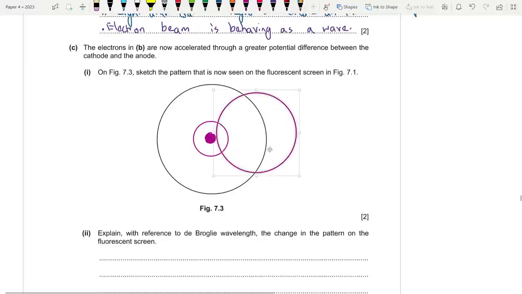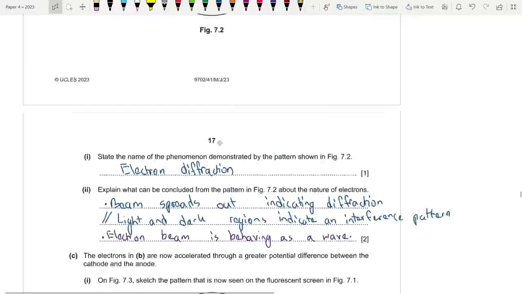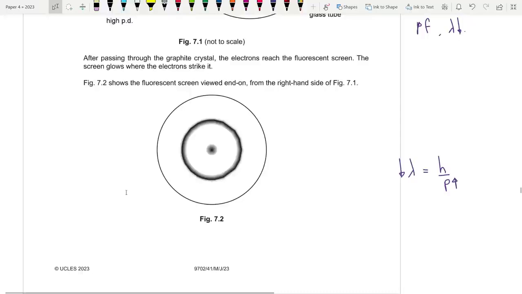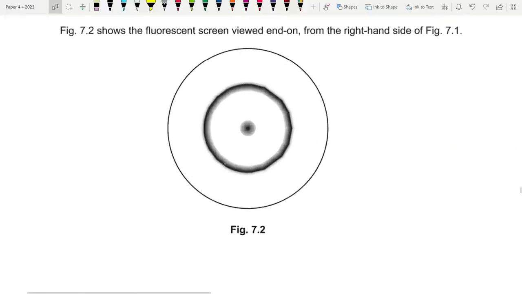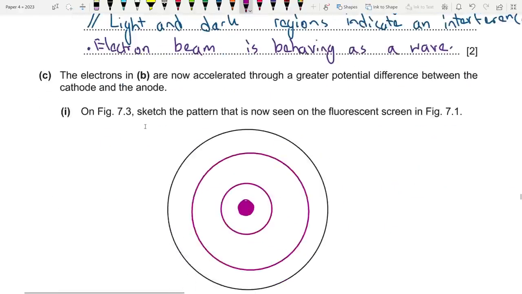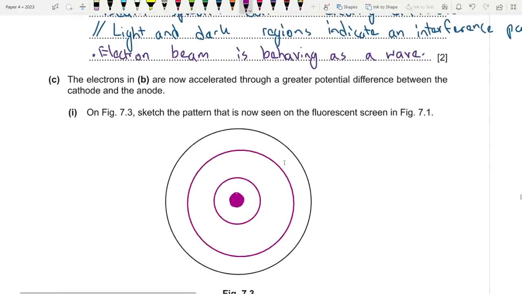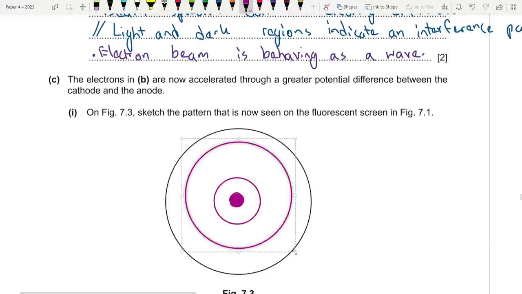But the problem is, in the previous figure, I don't see multiple rings over here. Probably they were talking about this. This is one of them. Well, this is the other one. So essentially this was the wavelength, but now it's going to be closer, right? Probably that's what they meant.